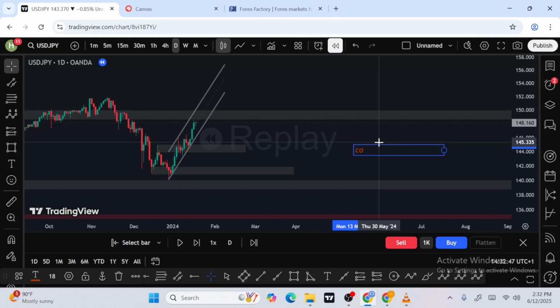Your confluence is equal to what? Confirmation. Your confluence is equal to confirmation.